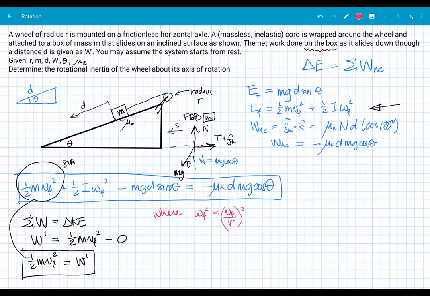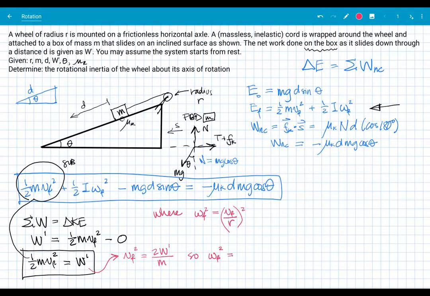And the nice thing about that is that I have an expression for v final. If I take this expression with the work prime in it here, I can say that I have an expression for v final squared, right? That's going to be 2 work prime, or big W, over M. So now that I have that, that can help me to define my omega final.